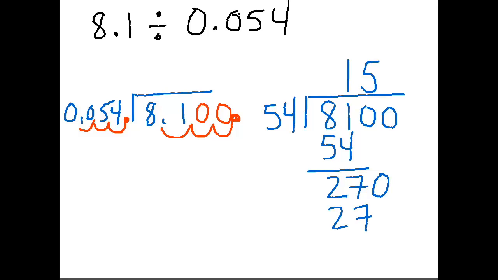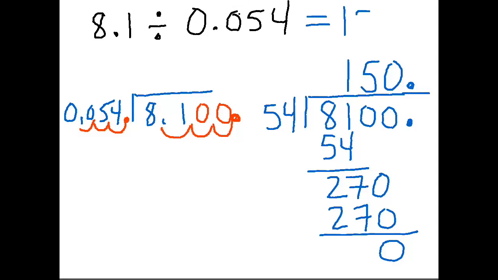And it fits in exactly, but I still have a 0 here. I can't just stop. I need to ask myself, how many times will 54 go into 0? Well, we all know that's 0. And now I am finished. So my quotient is 150.